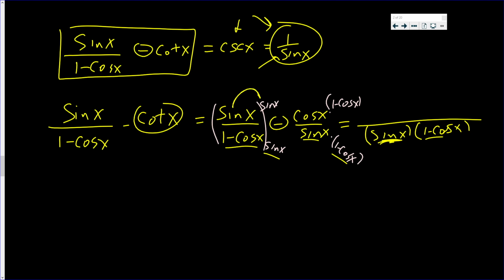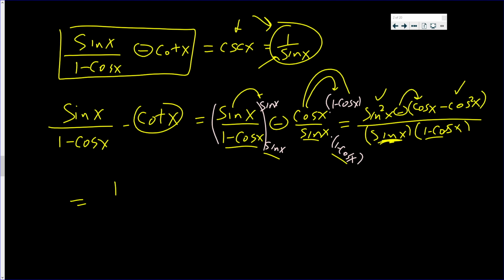The numerator is going to be sine x times sine x, which is sine squared x, minus cosine x times 1, which is cosine x. Cosine x times minus cosine x, which is minus cosine squared x, and sine squared x minus negative cosine squared x, that's sine squared x plus cosine squared x, that's 1.